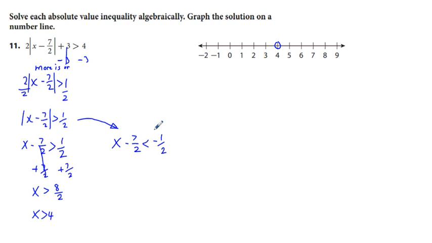Next, let's go ahead and solve this one by adding 7/2 to both sides. So we get x is less than negative 1/2 plus 7/2, which is going to be 6/2. And that simplifies to x is less than 3. So here we put 3. So we have greater than 4 and less than 3.